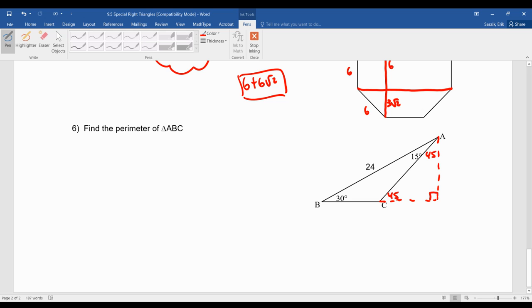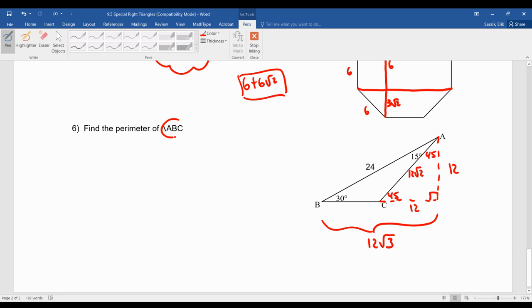So that's kind of cool. And looking at the big triangle, the hypotenuse is 24, so this short side must be half that, 12. And this thing would have to be 12 root 3. Now remember, if that's 12, this is 12. That means this is 12 root 2.